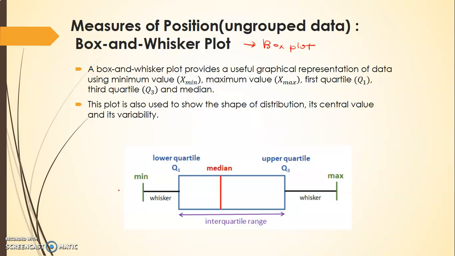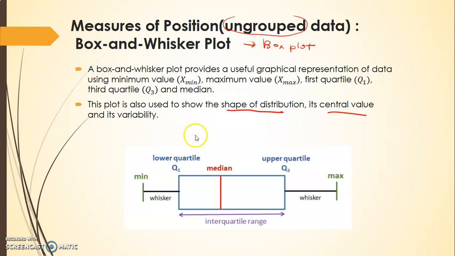Box and whisker plot is the graphical representation for ungrouped data. This plot is also known by the name box plot, right? This plot is used to show the shape of the distribution, to know the central value of the distribution, and it is also used to know the spreadness of the data distribution.